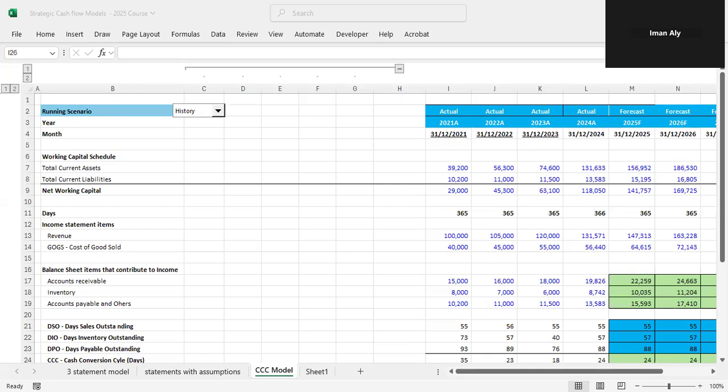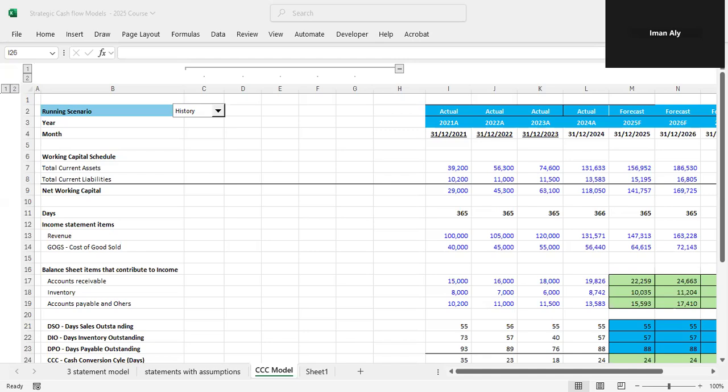And where is it coming from? It's coming from understanding the days sales outstanding in your business or company. How many days are you allowing inventory to stay in your store?